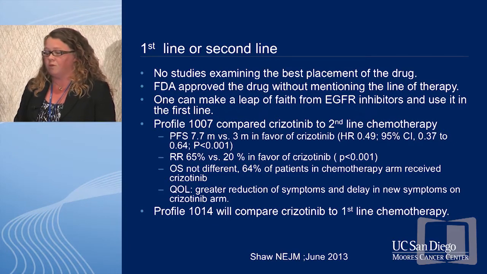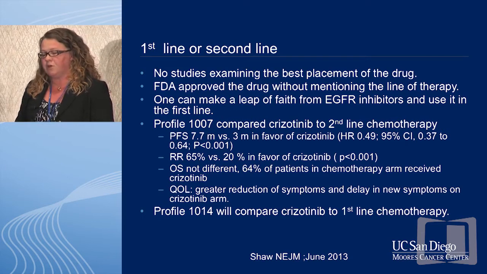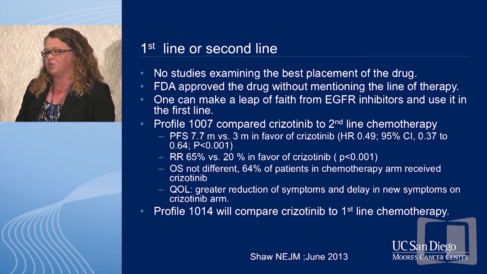If you remember, the FDA approved crizotinib without mentioning line of therapy. Again, this is a cross-trial, cross-mutation comparison, but if you compare how crizotinib behaves in patients with an ALK fusion gene and how erlotinib behaves in patients with EGFR-sensitive mutations, I think one can make a leap of faith and use crizotinib in first line.